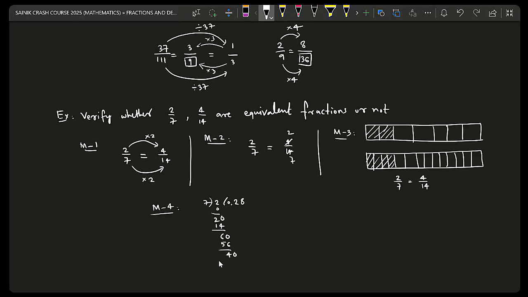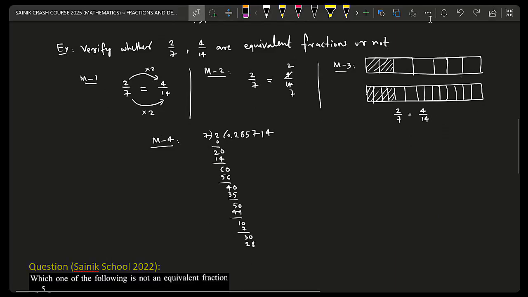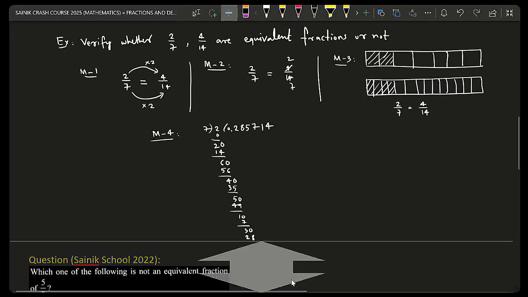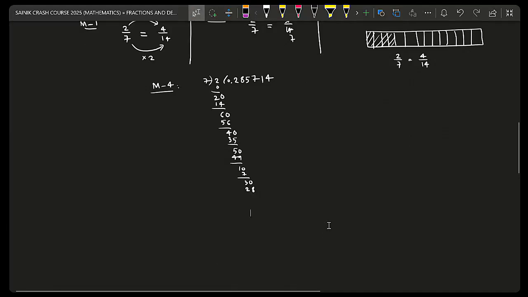Then 7 fives are 35, remainder 50. 7 sevens are 49, remainder 10. 7 ones are 7, remainder 30. 7 fours are 28, then we got 20. 7 twos are 14, that means this group is going to repeat. It started with 2, that is 285714, and it is going to repeat.